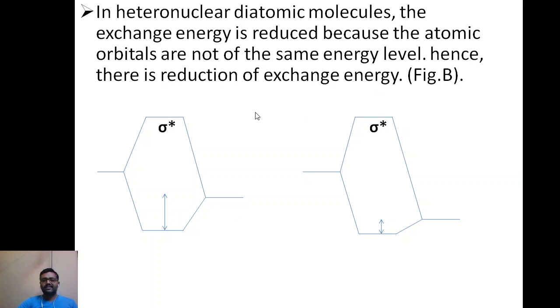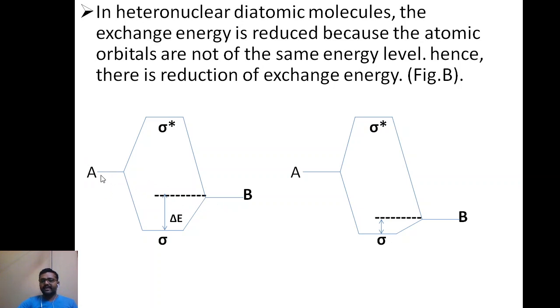These are two different atoms, A and B. Both overlap, one is bonding, another is anti-bonding, but A is at a higher energy level and B at a lower one. Why? Because atom B has higher electronegativity compared to A.